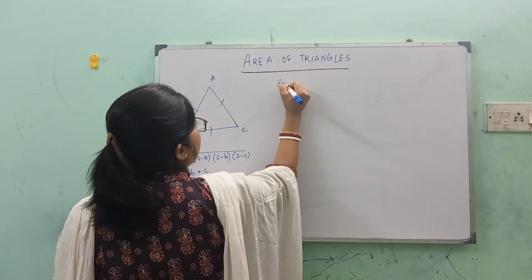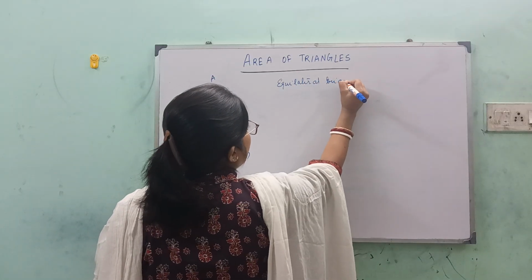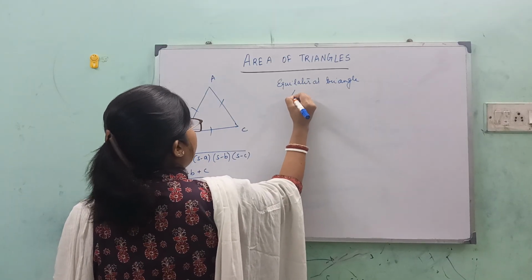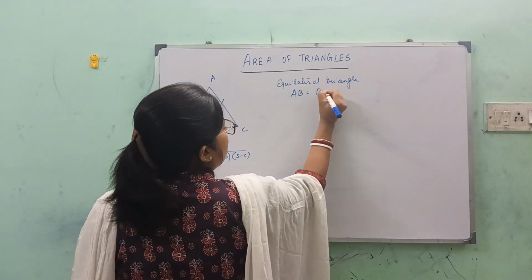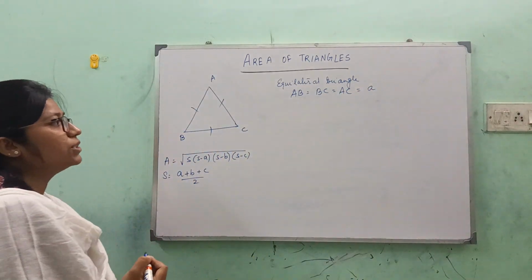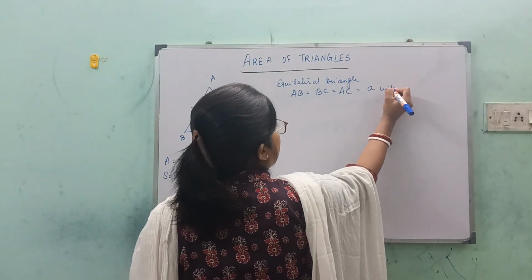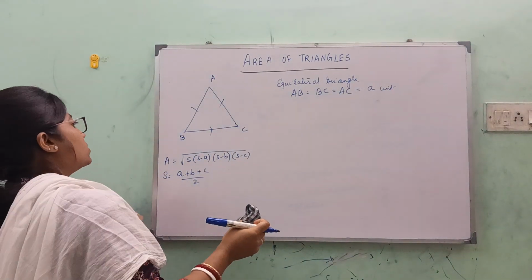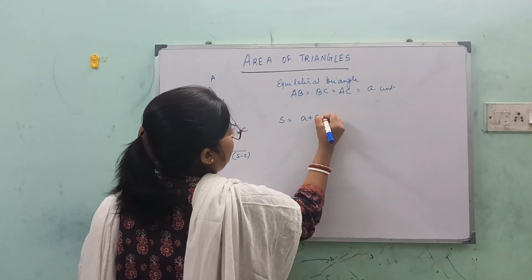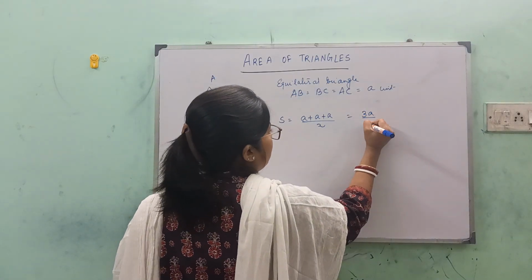So in an equilateral triangle, we know that all the three sides are equal. So let us give the value for each side to be A. Each side measures A units, be it meter, centimeter, whatsoever unit. So as per this formula, your semi-perimeter would be A plus A plus A, sum of all three sides, by 2, that is 3A by 2.